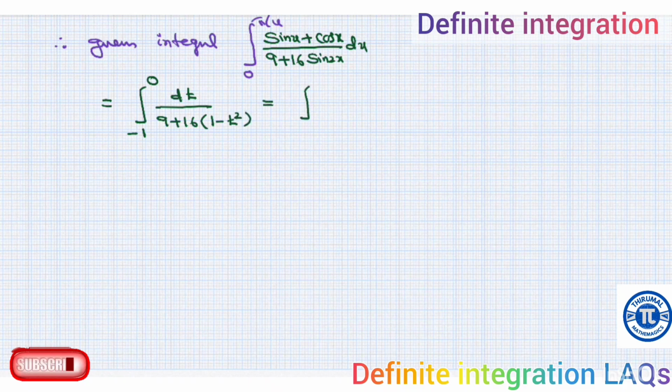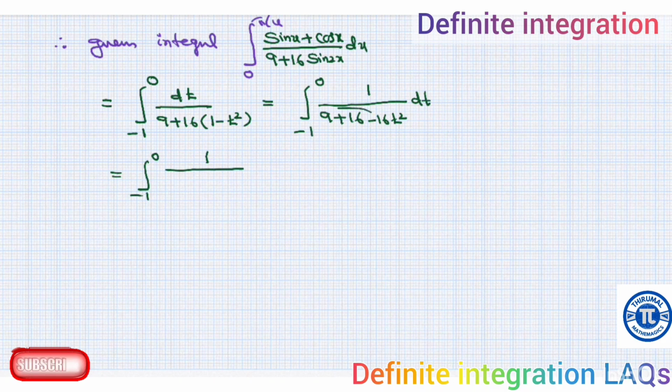This is equal to the integration from minus 1 to 0 of 1 by 9 plus 16 minus 16 t square dt, which is equal to the integration from minus 1 to 0 of 1 by (25 minus 16 t square) dt.